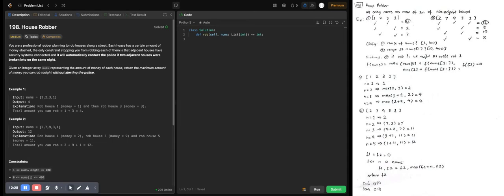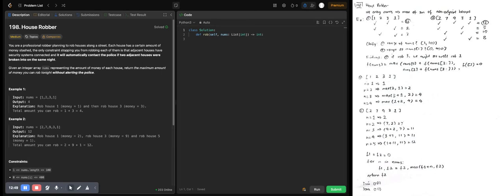Now that will give us 2. If n is 3, that will be the max of 3 plus 1, or we could also rob house 2. That will give us 4.